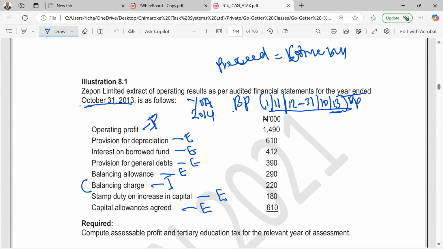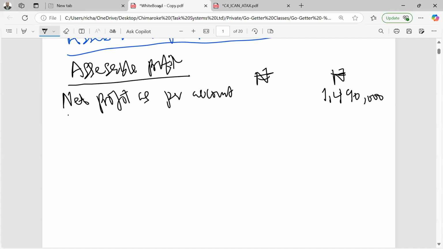So, but what happened here is this is our profit. We'll now look at those expenses that are not allowable. So we'll add back disallowed expenses.